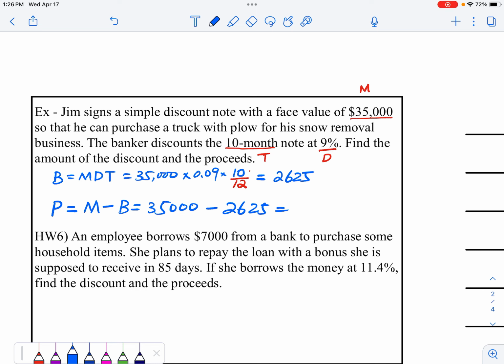So it will be 32,375. In summary, Jim will receive that upfront, and 10 months later, he'll repay the bank this much, and the interest he actually pays is this much.